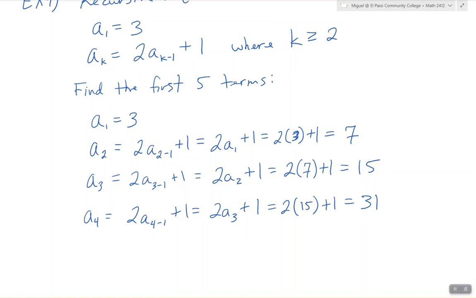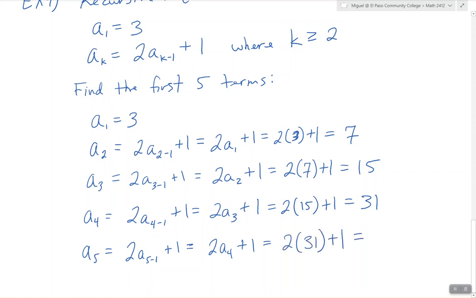And then the last term, k is 5. So we got 2 times A4 plus 1. A4 was 31, times 2 is 62, plus 1 is 63.